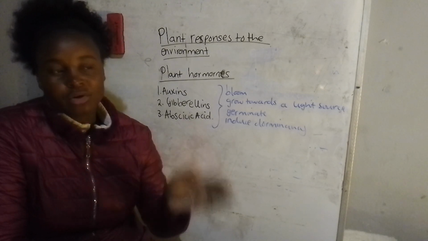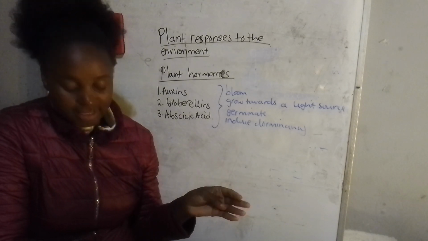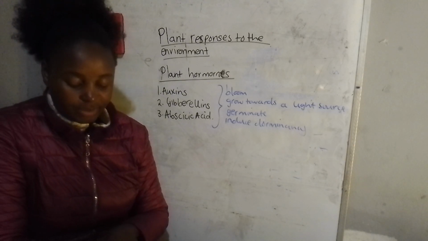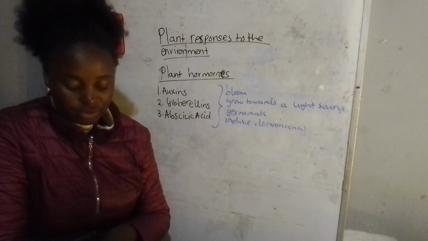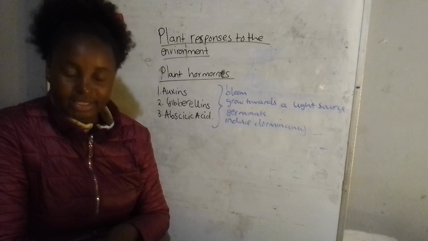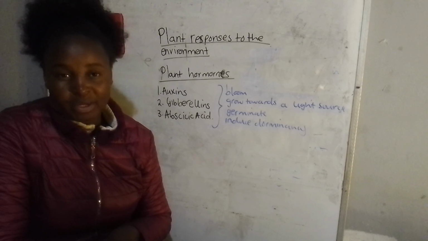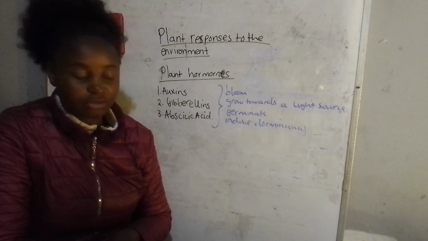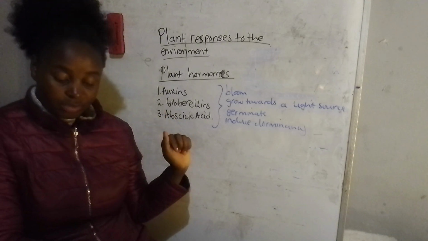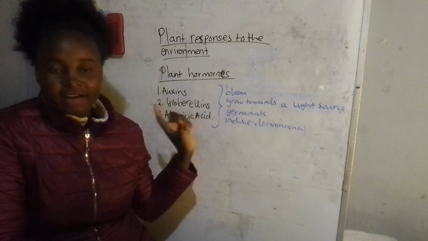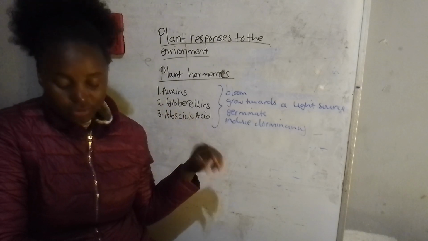So we will have a higher concentration of auxins on the darker side, and more growth will occur on the dark side, because auxins, remember, they stimulate growth and they work better when they are in the dark. So at the end of the day, the stem will bend towards where the light is coming from. I'm going to illustrate that on the board to show you how light affects the growth of plants.